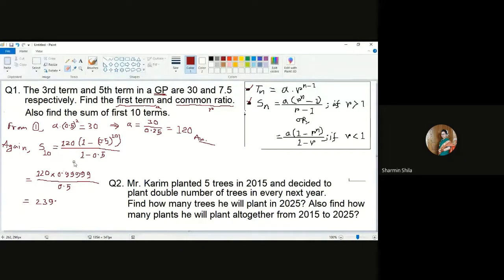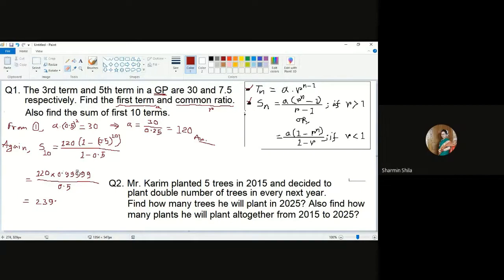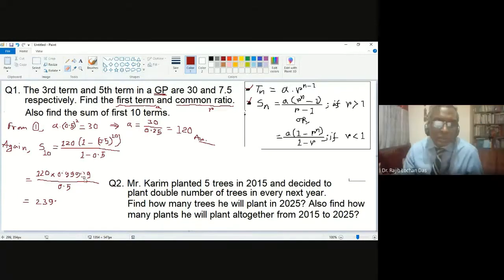It is 0.999023. 0.99, 90. Okay, 9 then 0 2 2 3. Yes, sir. Nine, sir. Nine 023. Yes. Gulam Rabbani, tell me.